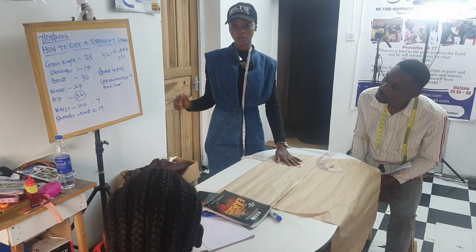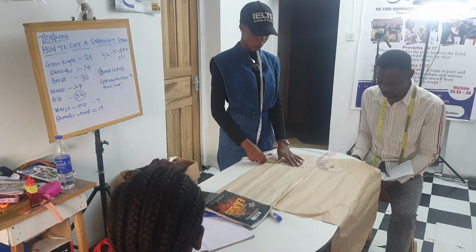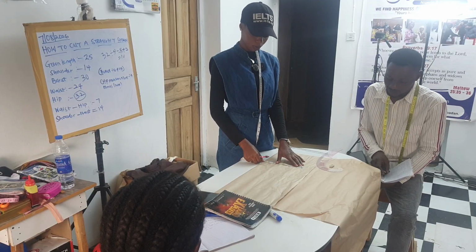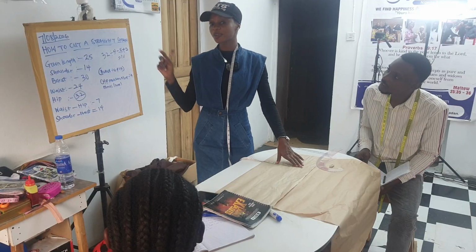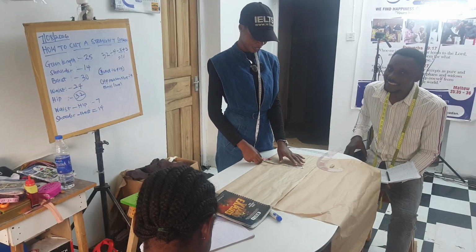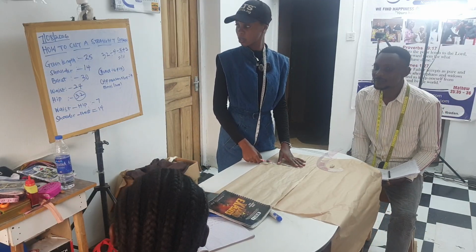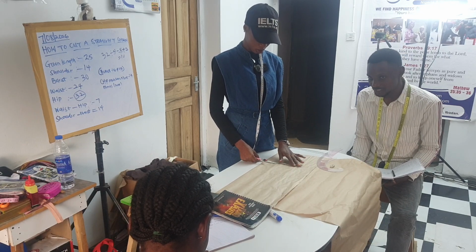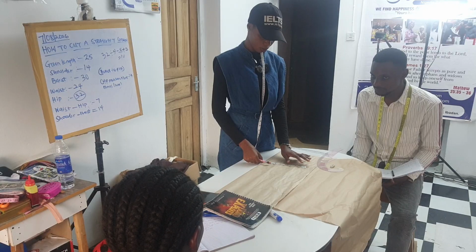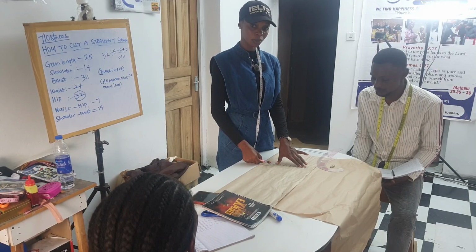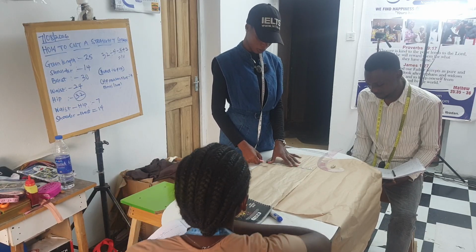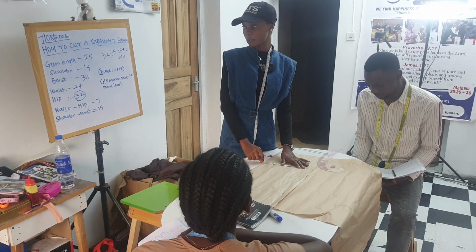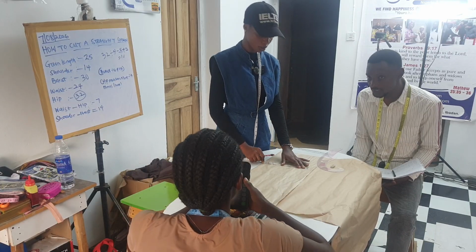We'll be adding 1.5 inches to it. 30 divided by 4 is 7.5, plus 1.5 is 9.